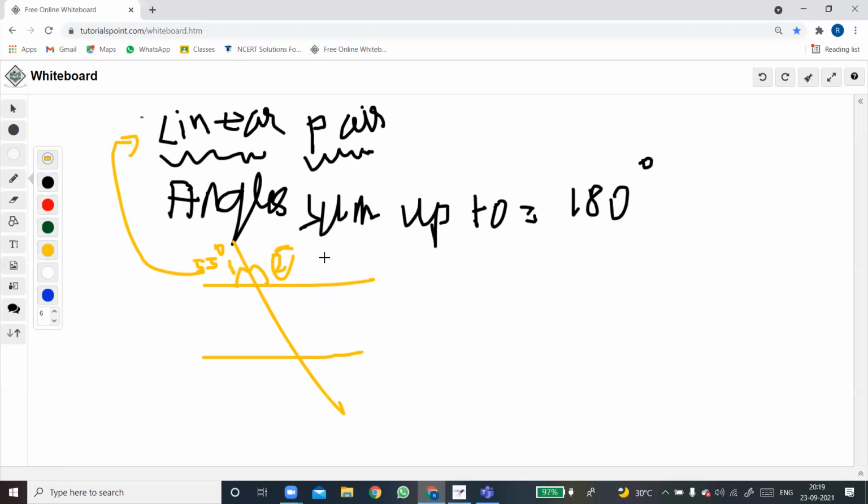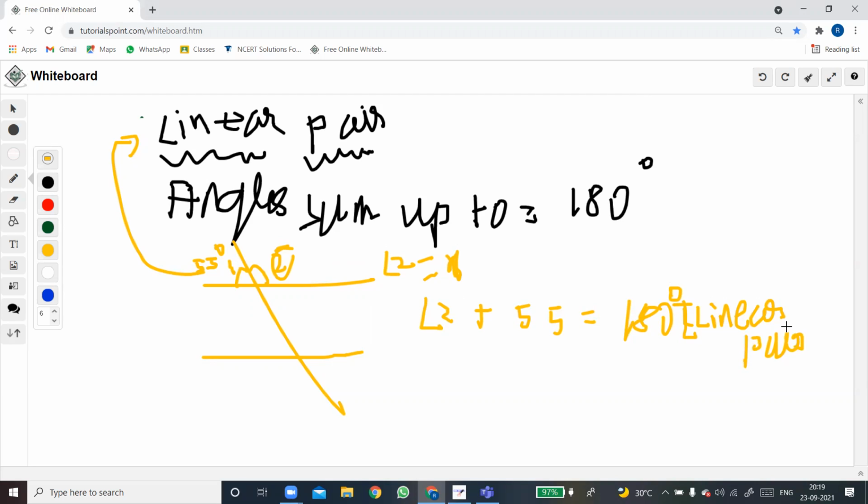If we take angle 2 as x, or you can just write it as angle 2, then angle 2 plus 55 gives me 180 degree. In the bracket I'll write linear pair, because of the linear pair property we are saying this is 180 degree.